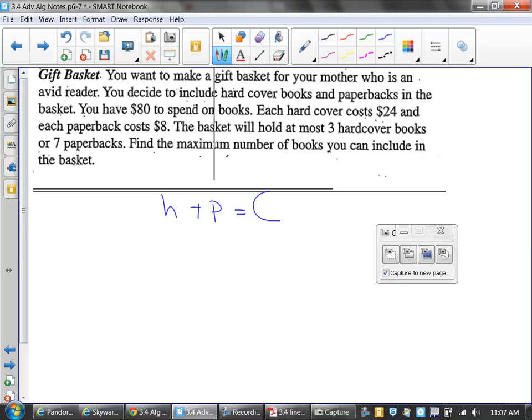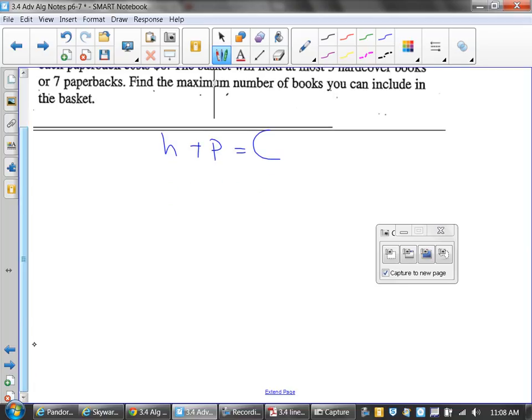Now you look in there and you start to find some parameters. Did you notice they talked about the total amount of money you have to spend? Now, if you have only $80 to spend, can you spend more than that $80? No. Can you spend up to $80? Can you include spending $80? Is that a less than or equal to or greater than or equal to? Less than.